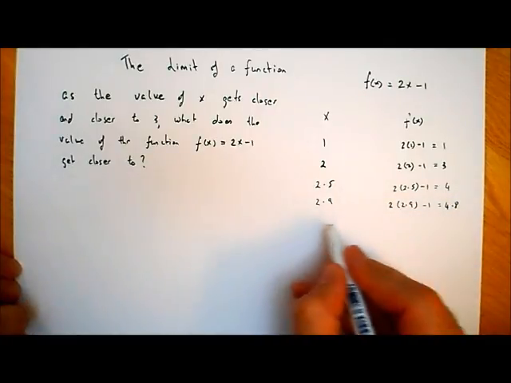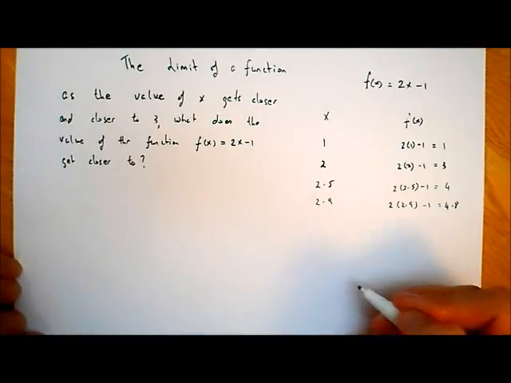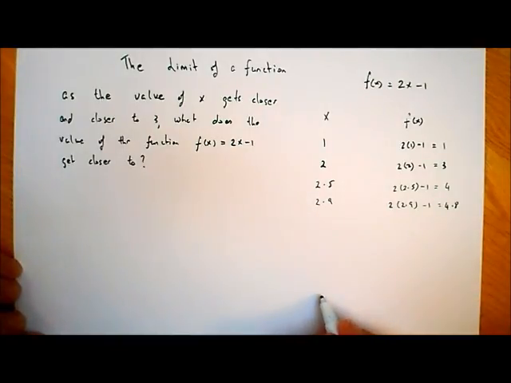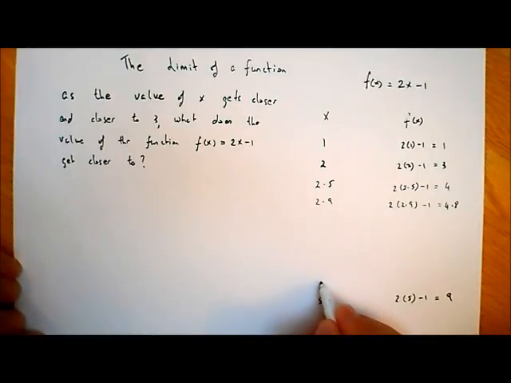Okay, so let's fill in values getting closer to 3 from the other direction. Let's start off when x is 5. So when x is 5, f of x will be 2 by 5 minus 1, which is 10 minus 1, which gives us 9. We could get closer to 3 from this direction. So let x be equal to 4.